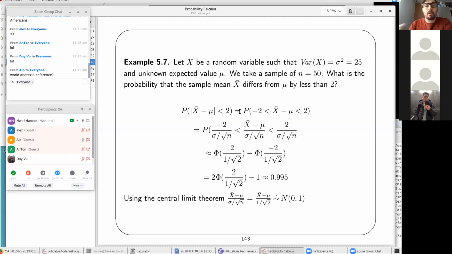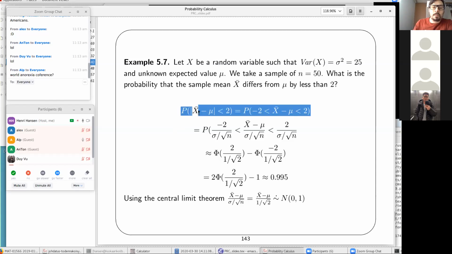So we look at the probability that the difference between the sample mean and the actual expected value is smaller than 2. We don't know what this mu is. We're just looking for a certain interval here. So the probability is the same as x bar minus mu being between -2 and 2.